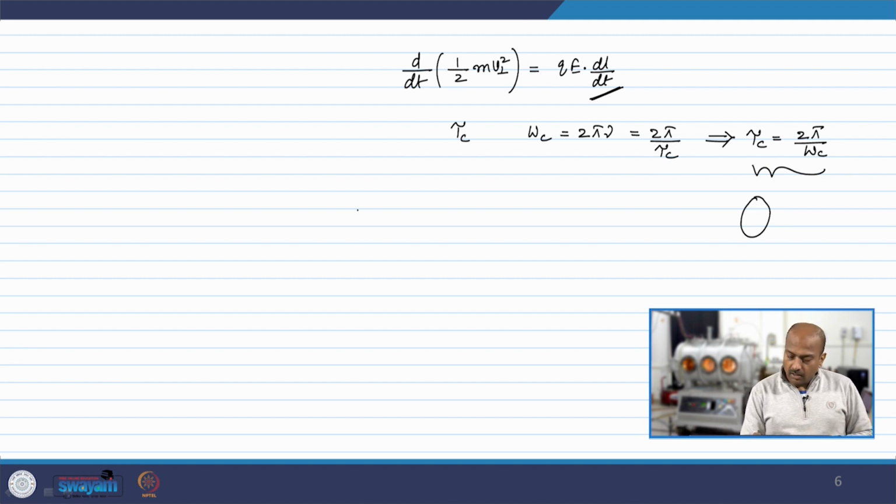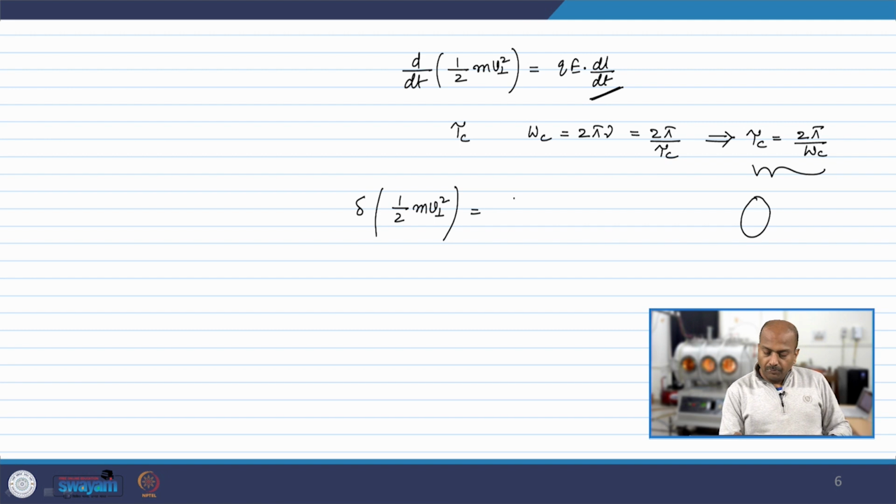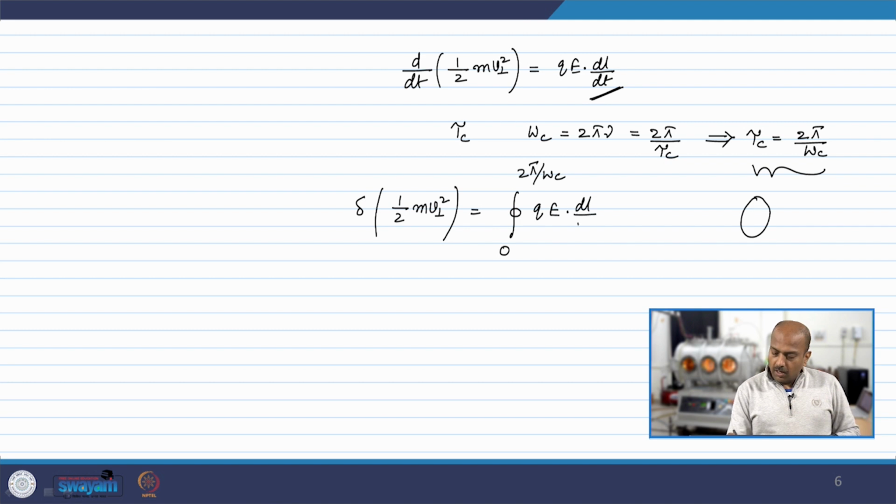So, we can say delta of half m V perpendicular square will be equal to the closed integral from 0 to 2 pi by omega c of q E dot dl by dt.